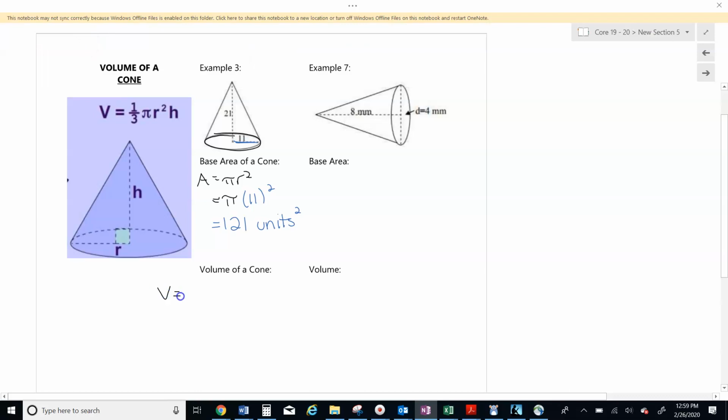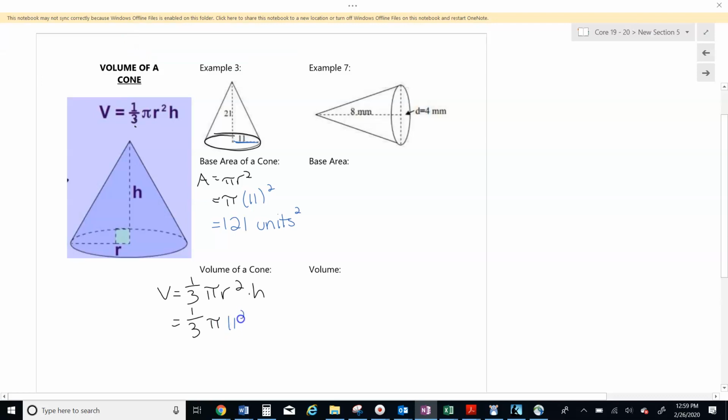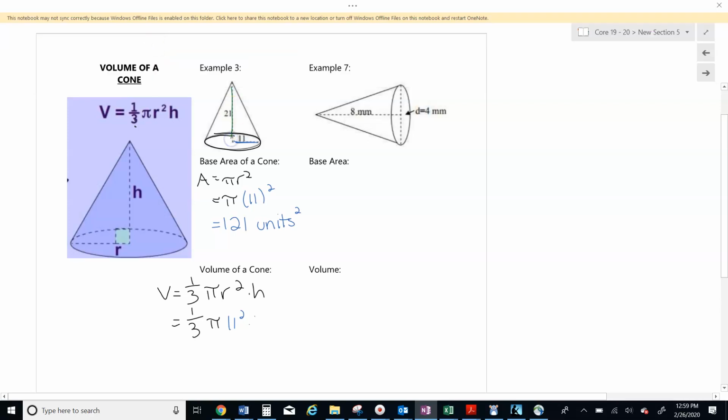Then the volume of our cone. Now, again, just like our pyramid was 1/3 of our prism, our cone is 1/3 of our cylinder. So all that's added to it is the third. R is still that 11. And the height here is 21.